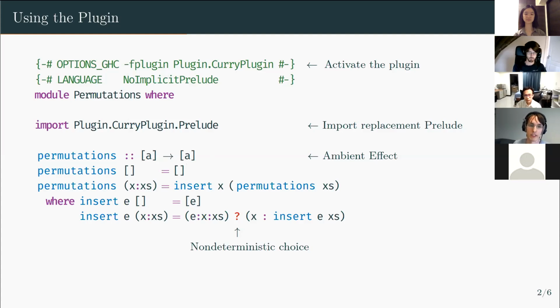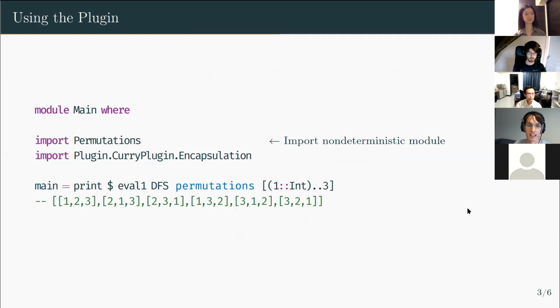One benefit we get from implementing our compiler with a plugin is that we can even embed this new language in Haskell itself by just importing the module we had before in a new module that doesn't actually activate the plugin. And here we can capture our non-deterministic computation by saying that we want to evaluate it here.